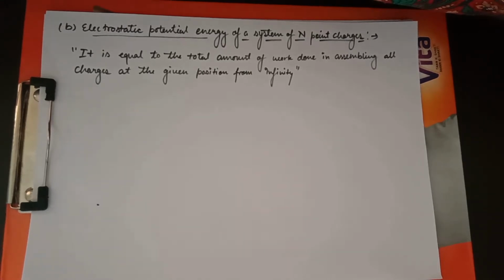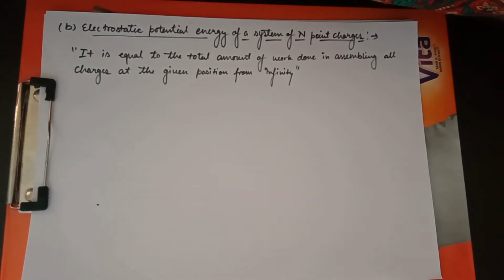See, here we are forming a system of charges and we are bringing the charges from infinity to some system. So in the case of a system of two charges, there were two charges. One charge is at some position r1 and the other charge we brought from infinity to the influence of the charge number q1.